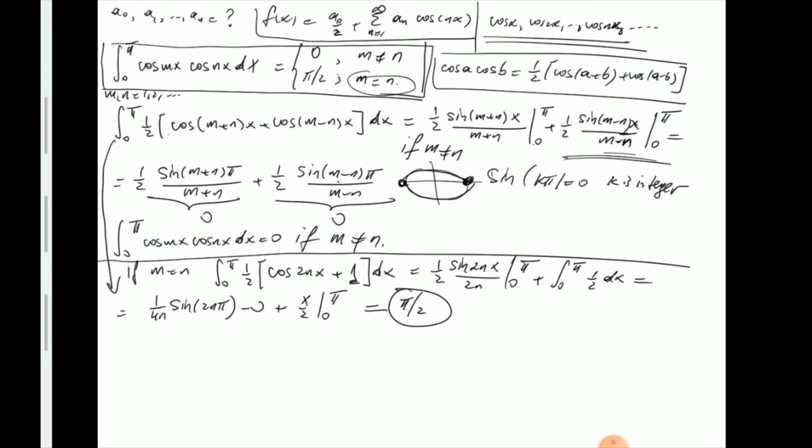Keep in mind these integrals are all zeros. All combinations of these integrals are 0, with the exception of only one case, when m is equal to n. If you want to pause, do that, of course, as we move along to the next page. When we move on to the next page, I just want you to pay attention to see how this property is essential in finding these coefficients.